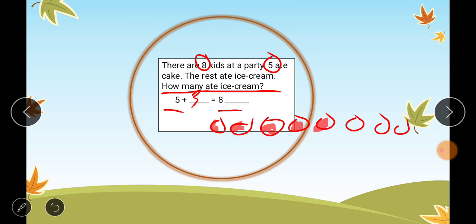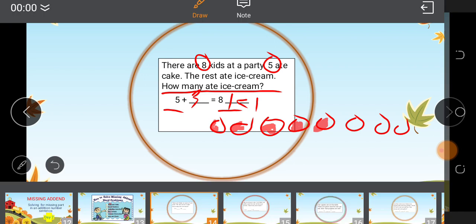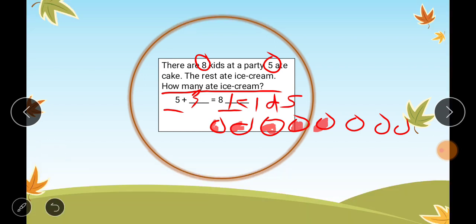So how many kids ate ice cream? 3 kids ate ice cream. So here, 5 plus 3 equals 8 kids. Very good.